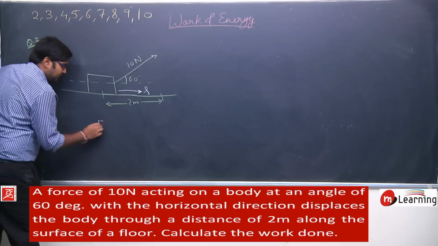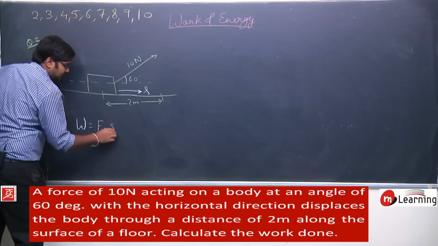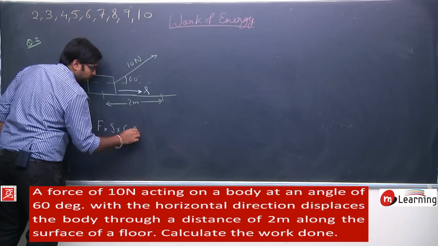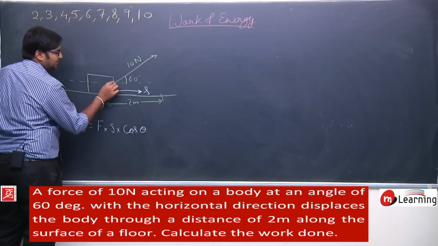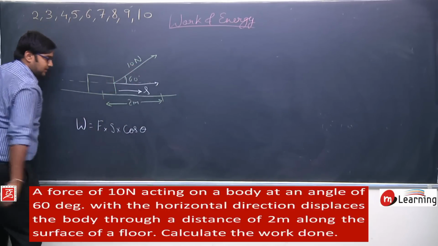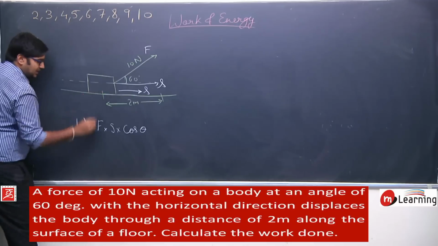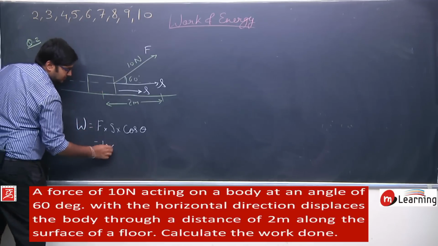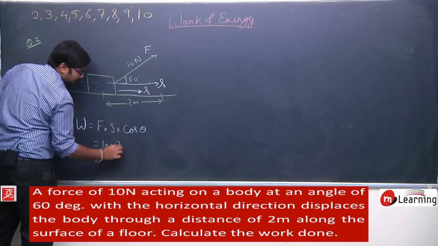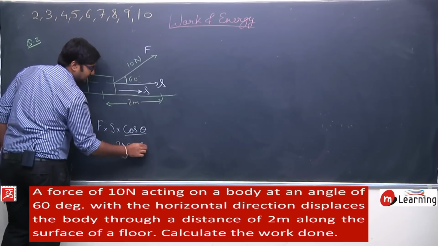So the work done will be force into displacement into cos theta, where theta means the angle between force and displacement. This is our F and this is our S. So force is 10 Newtons, S is 2 meters, and cos theta is cos of 60 degrees.